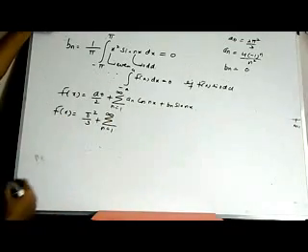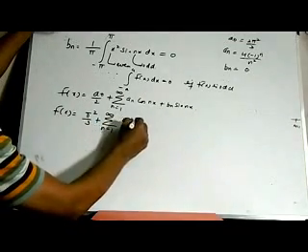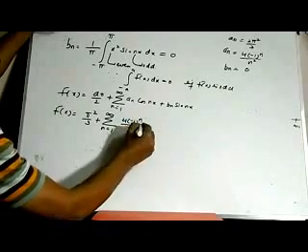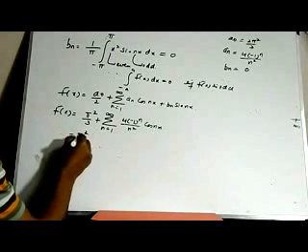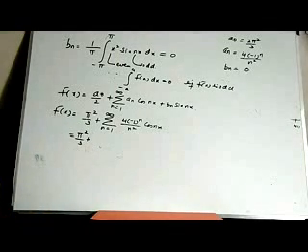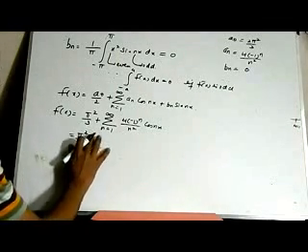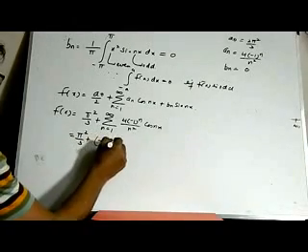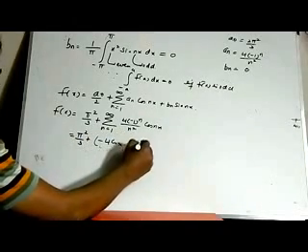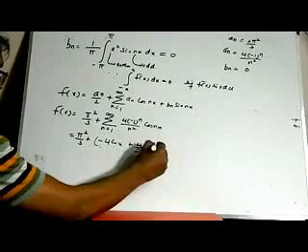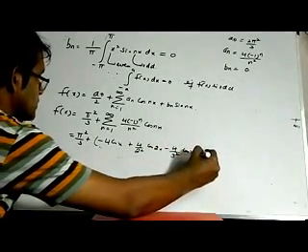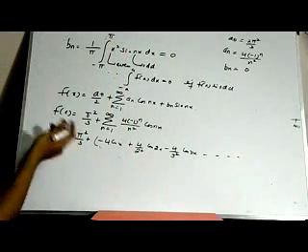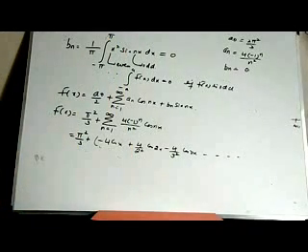What is an? 4 times (minus 1) to the power n by n square into cos nx, and bn is 0. If I expand it, what will I get? π square by 3. When n is 1, it will be minus 4 cos x. When n is 2, plus 4 by 2 square into cos 2x, minus 4 by 3 square into cos 3x, and so on. So it is the Fourier series of the function.